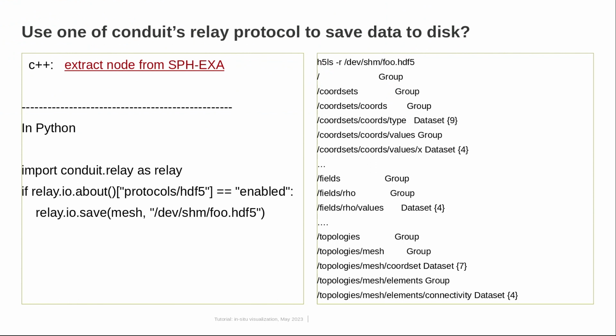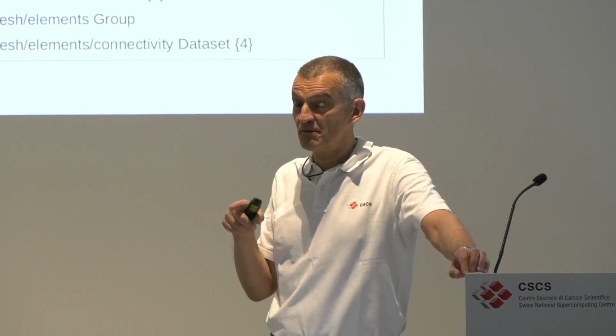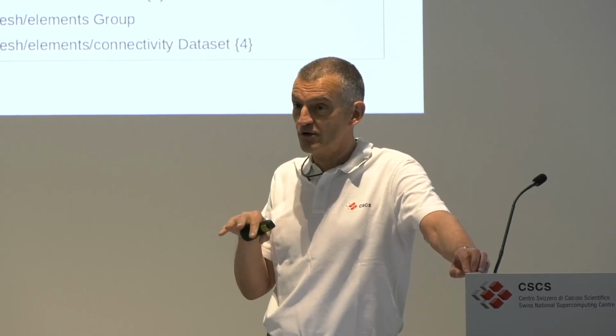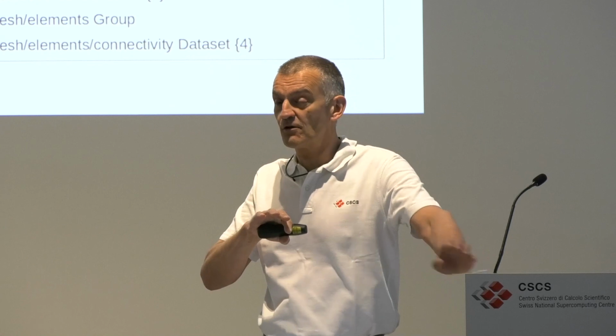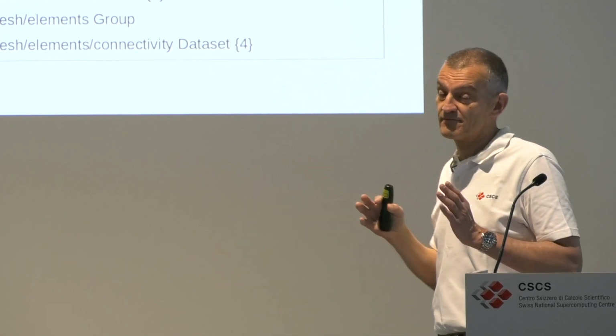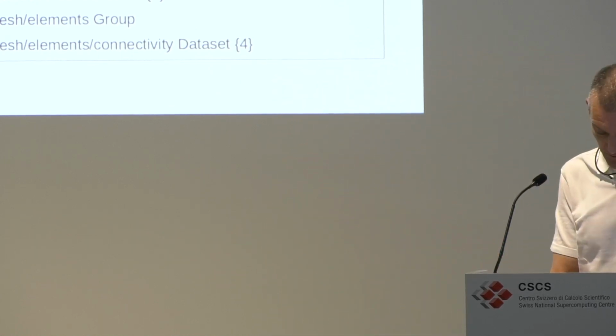It looks exactly like the description of your Conduit node. The important thing is that if you're running in parallel, all of this I/O will be done in parallel under the hood in a completely transparent manner. So that's very, very powerful.